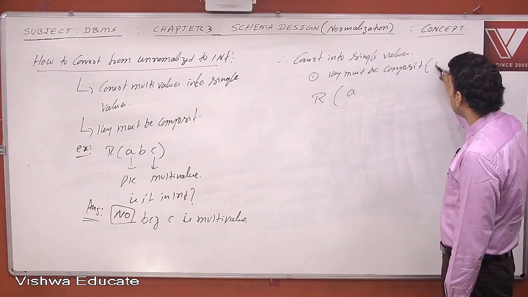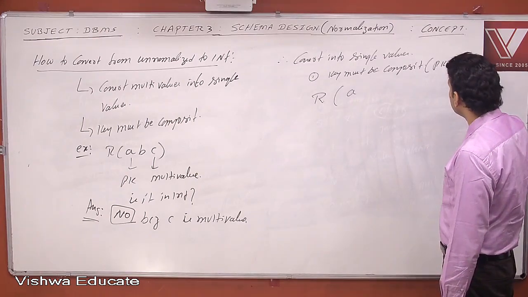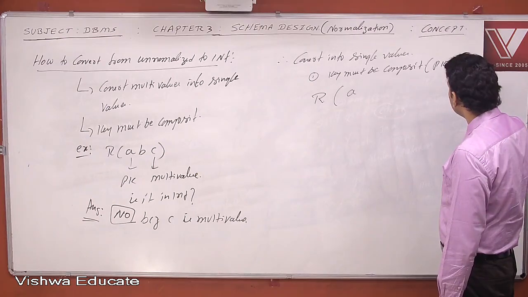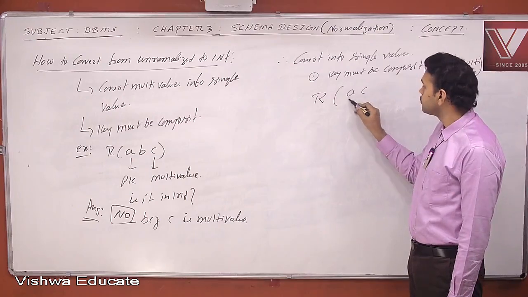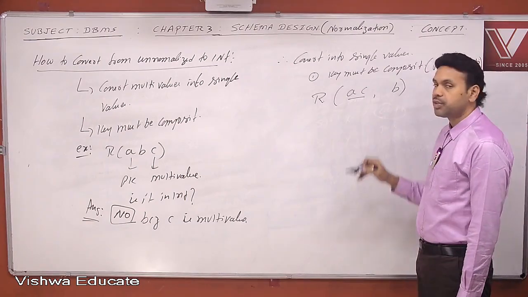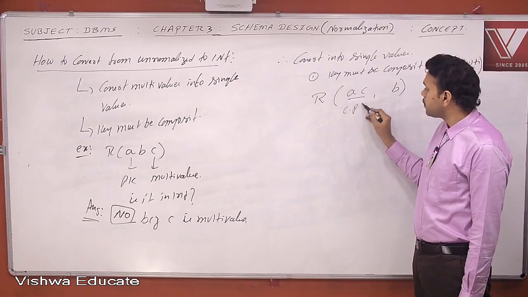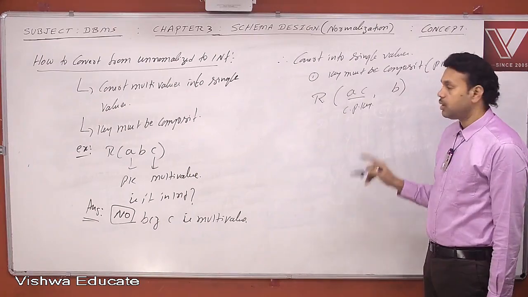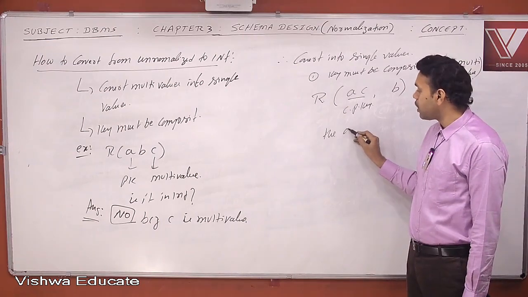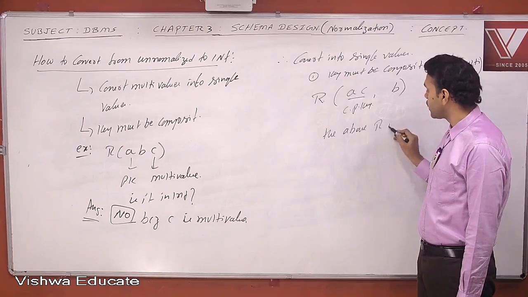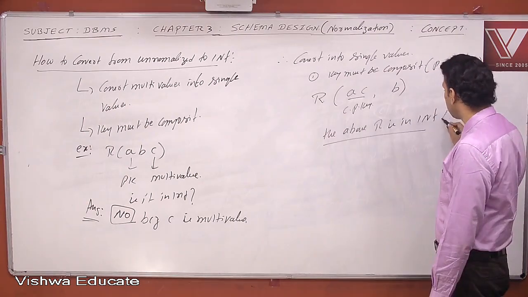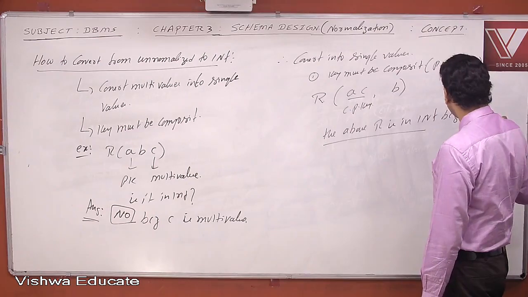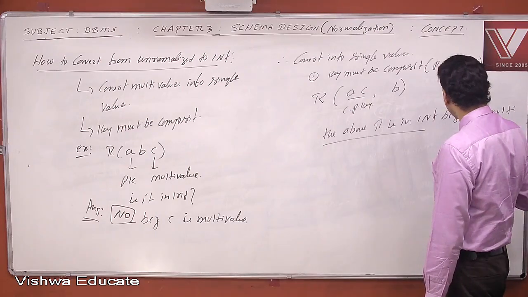Composite means your primary key plus multi-value column only, and separate B from there. Now this is your composite primary key. Now the above R is in 1NF, because no multi-values.